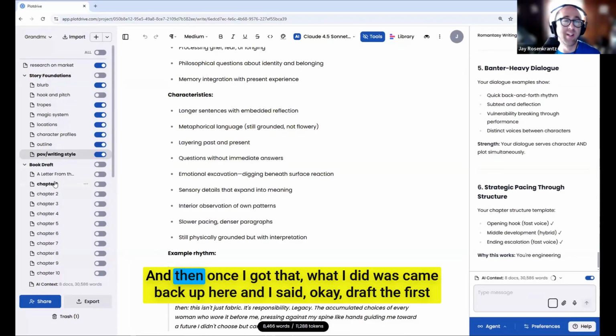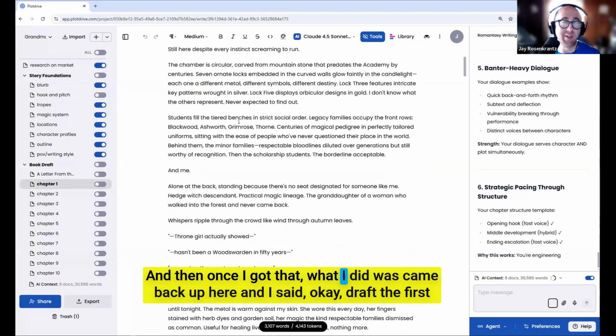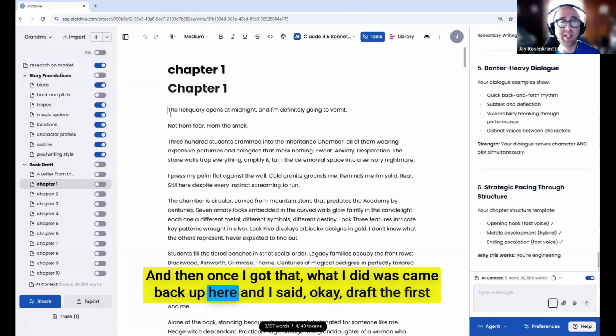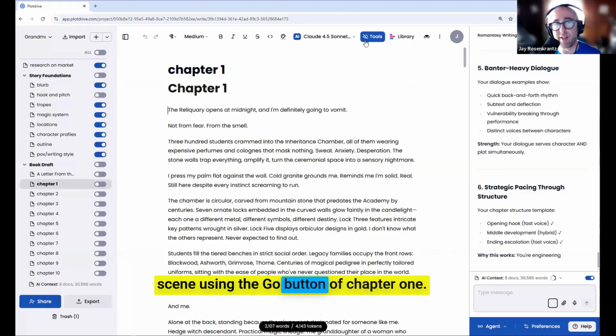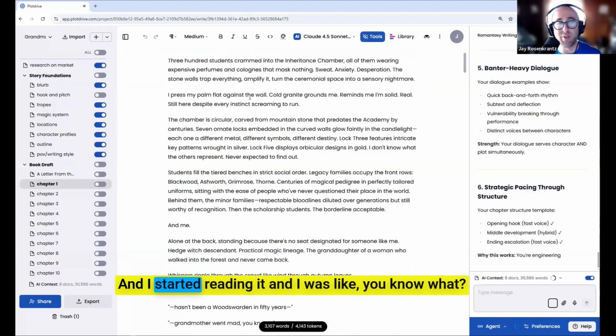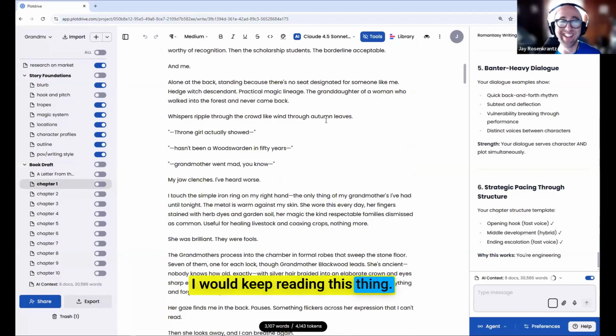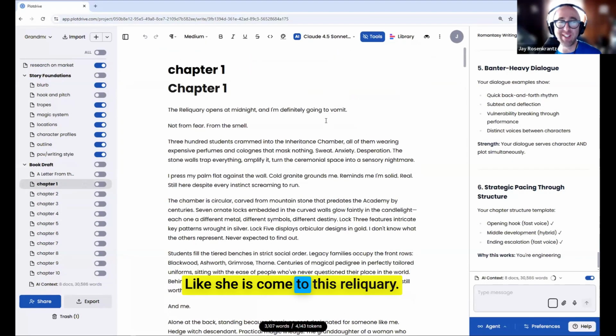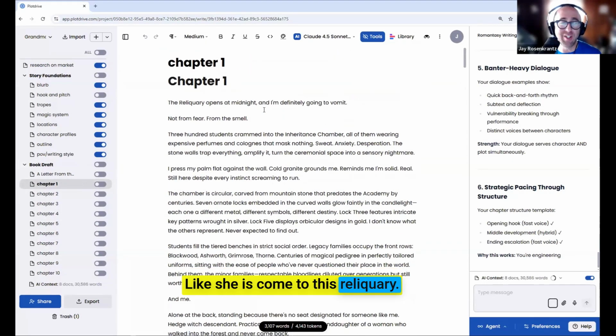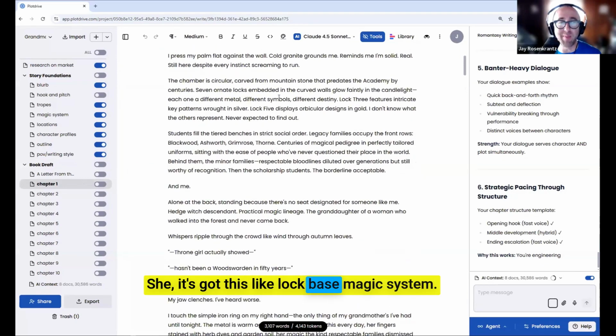And then once I got that, I came back up here and said, okay, draft the first scene using the go button of chapter one. And I started reading it. And I was like, you know what? I would keep reading this thing. This is cool. She's come to this reliquary. It's got this lock-based magic system.